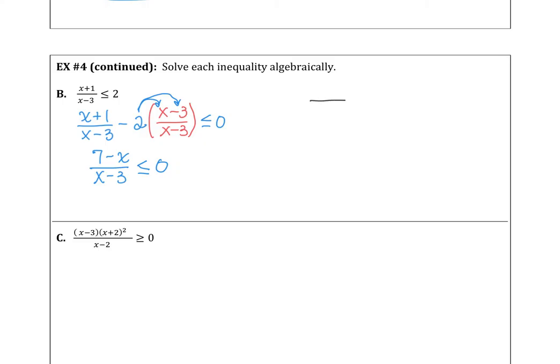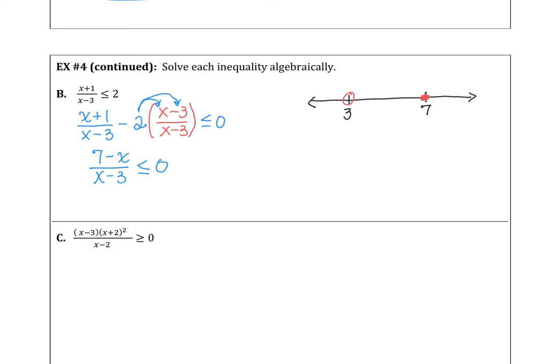So following that same procedural approach, the numerator is 0 at 7. The denominator is 0 at 3, but the denominator is a vertical asymptote. It can't be included. 7 is a 0. It can be included.